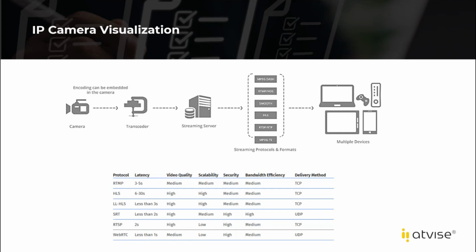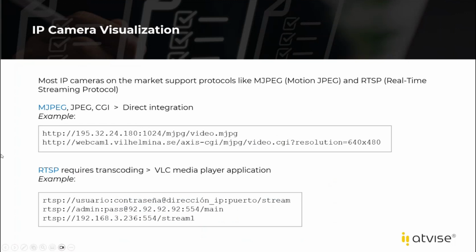So I'm going to show you two examples of how to integrate atvise when we are accessing directly to the IP camera. In this case, there are two basic things that we have to know.